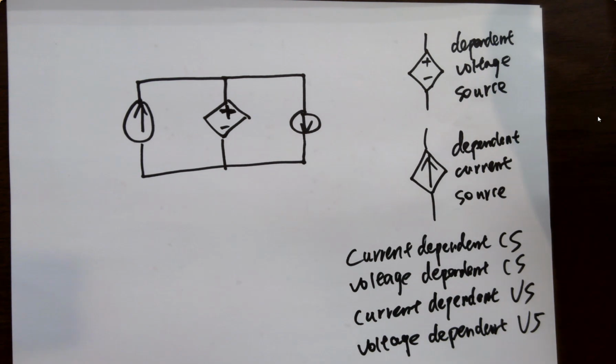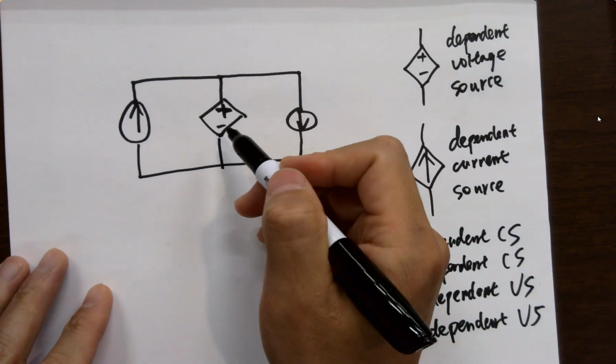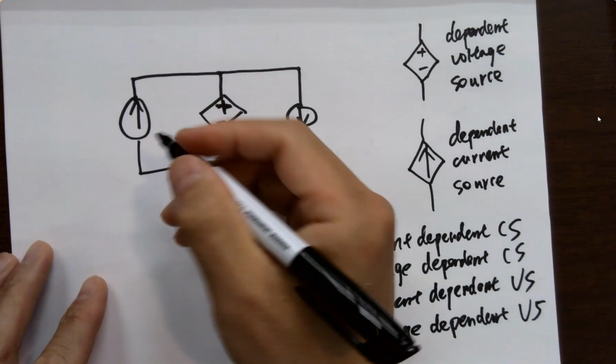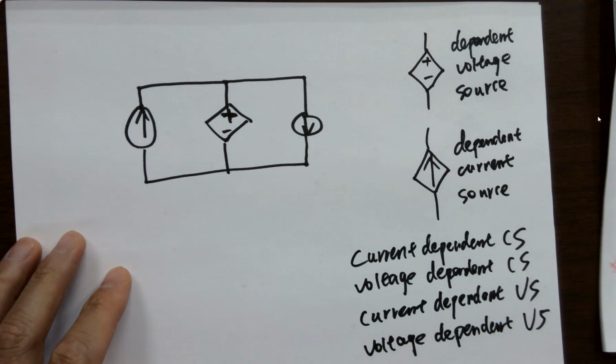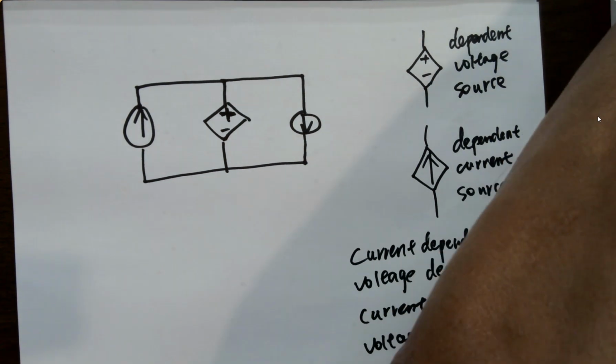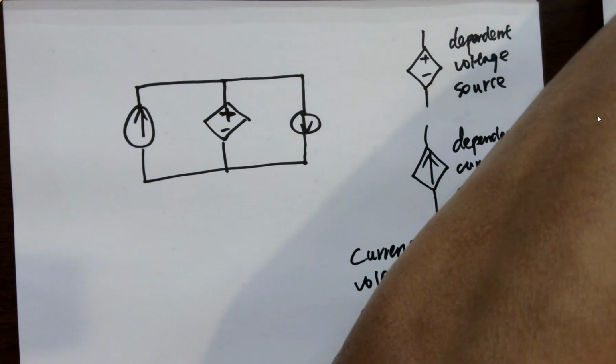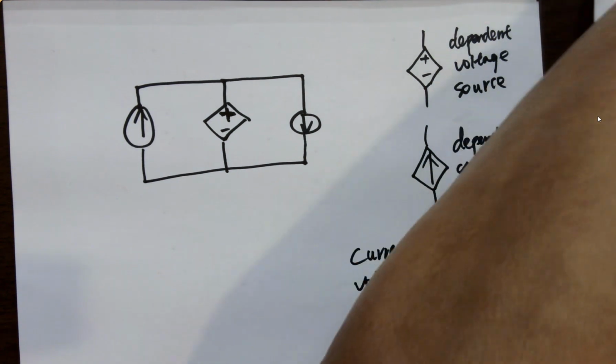If you take microelectronics in the future, these are current dependent voltage sources or voltage dependent current sources, depending on the type of transistor. So just to let you know, these are not real benchtop equipment that you can usually use, right? People just put them in the problems to confuse you, scare you, test you. If you don't like it, don't get into this field.